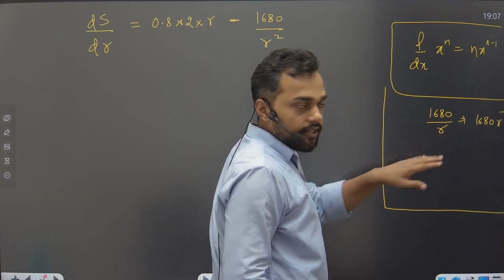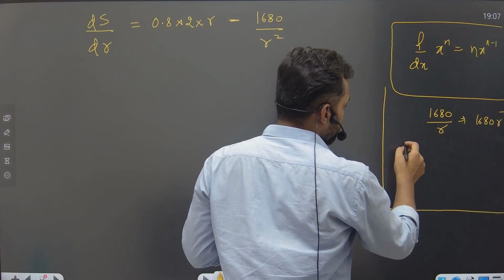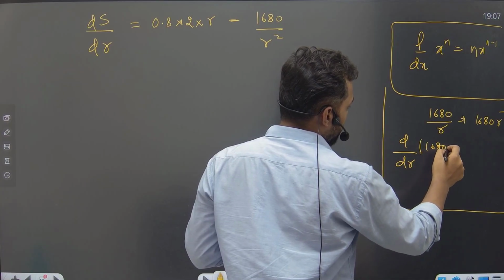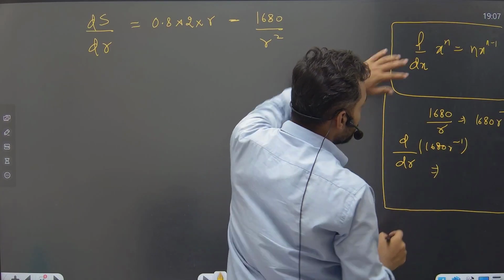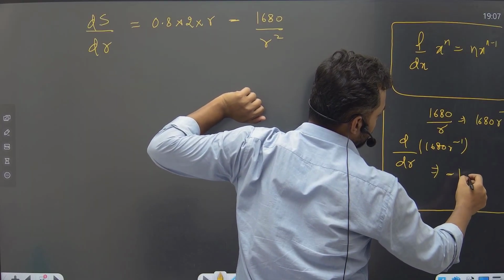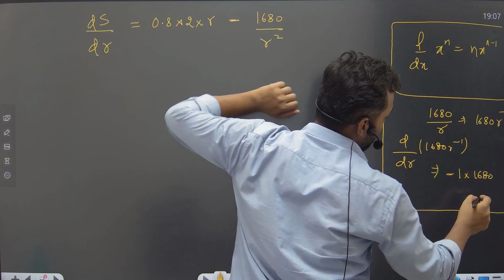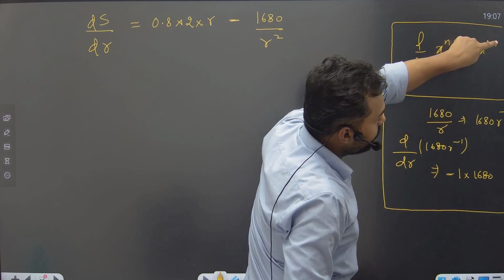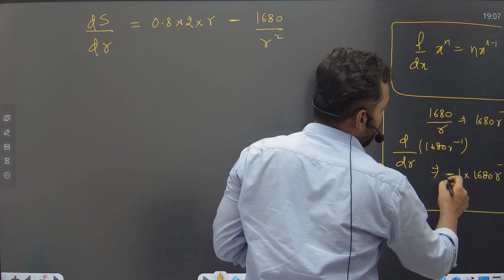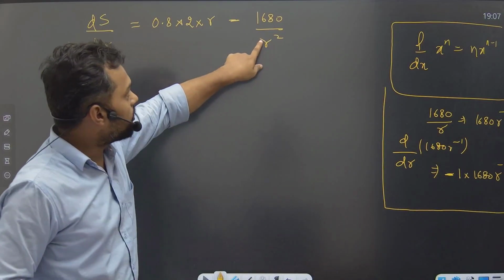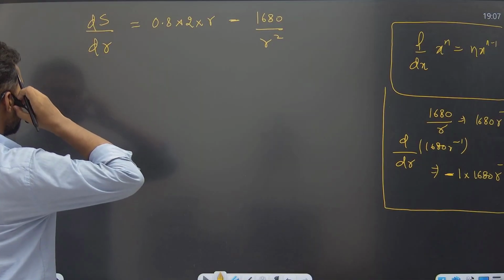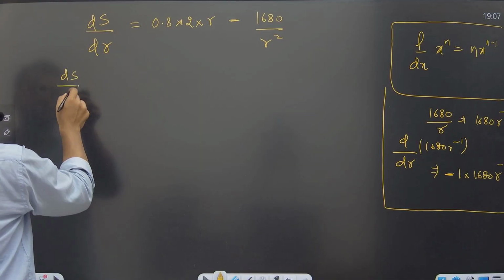Now differentiating it with respect to r, applying this formula only, you will get negative 1 into 1680, and r to the power negative 2. So this is the value, student, which I have written here. This will be 0 because we need to find the stationary point. So dS by dr will be equal to 0.